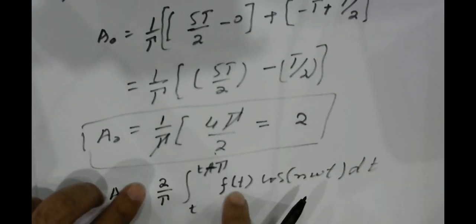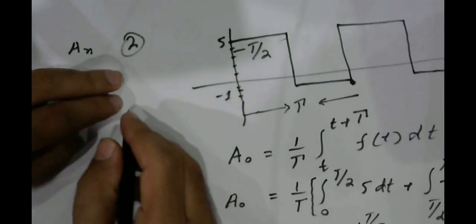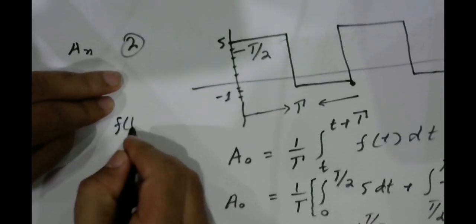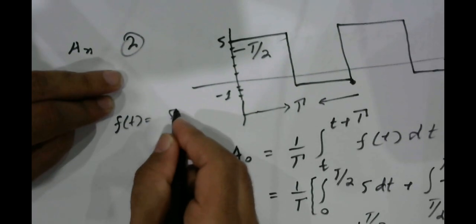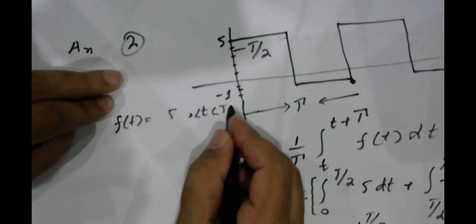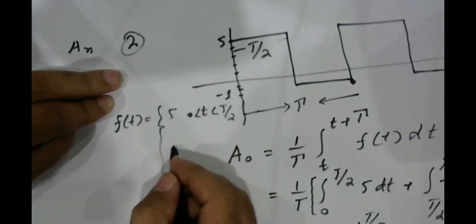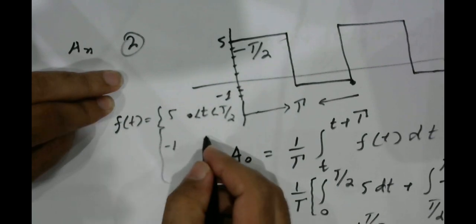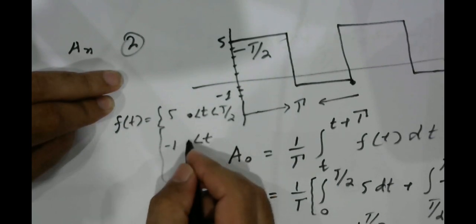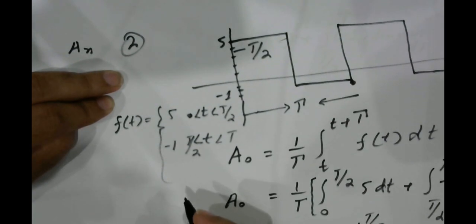So this f of t we can write from this waveform, that f of t is defined as f of t equal to 5 for t greater than 0 and less than T by 2, right? And this is equal to minus 1 for t greater than T by 2 and less than T. Is it clear?